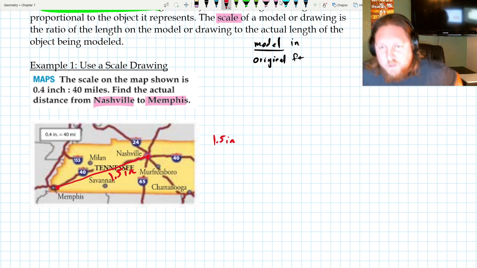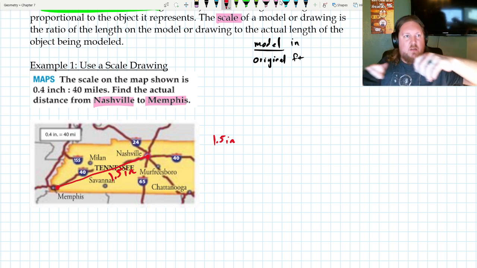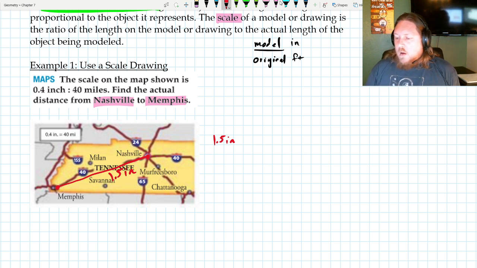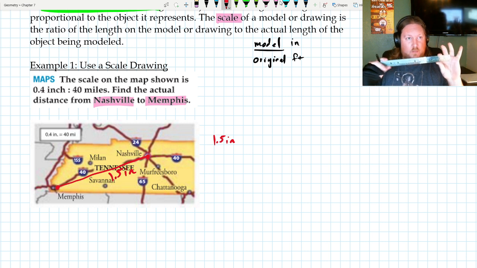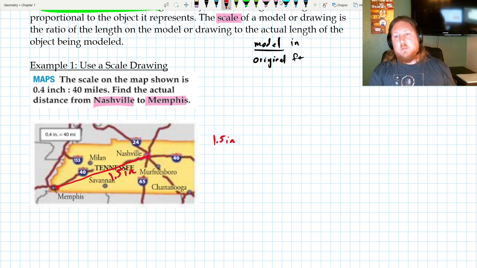But if it gets to it and you don't have a ruler, you can't print one out, and you don't have a tape measure, even the ones you use for cutting cloth, you just skip the problems or just guess what the length is and do your best. There's only so much you can do, but a ruler makes it very doable, and you literally just stick the ruler on the picture in the book and measure it that way. So I had to tell you that if I were to measure this in a student copy of the book, it would be 1.5 inches.